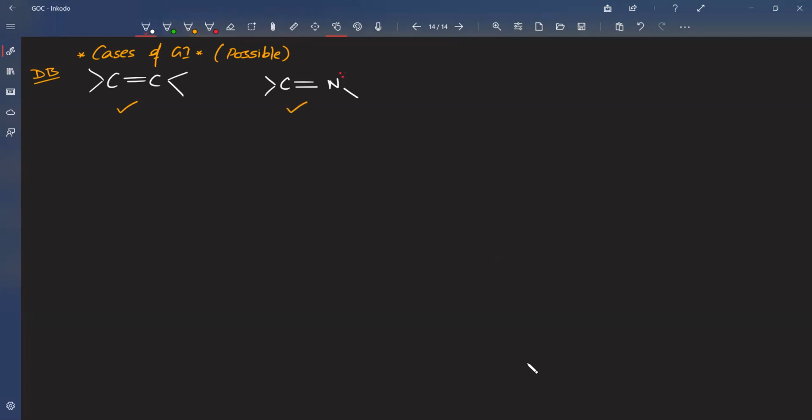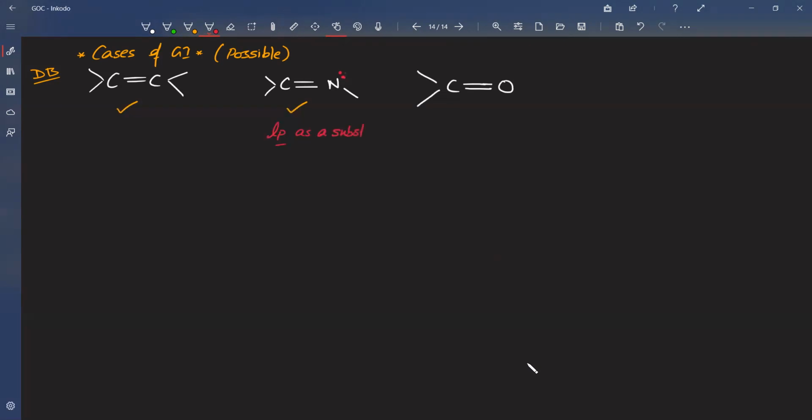Now, can you tell me whether there will be a possibility of geometrical isomerism in this case, in case of oxygen? In case of nitrogen, why is it possible? Due to this lone pair. So we will treat a lone pair also as a substituent.